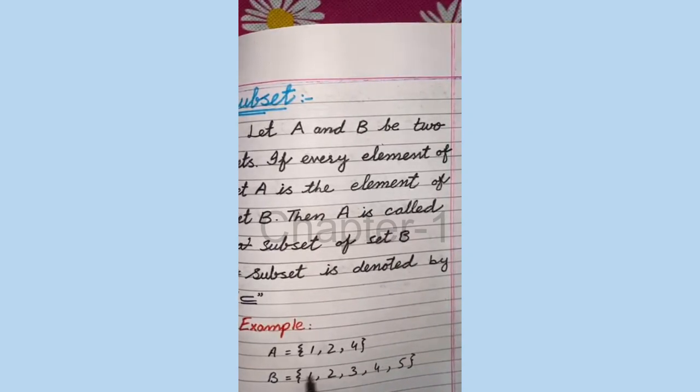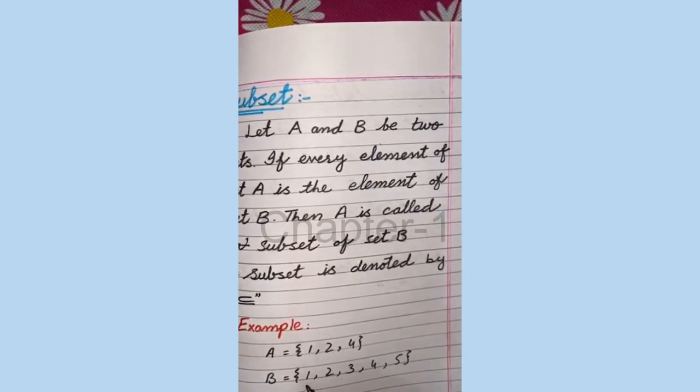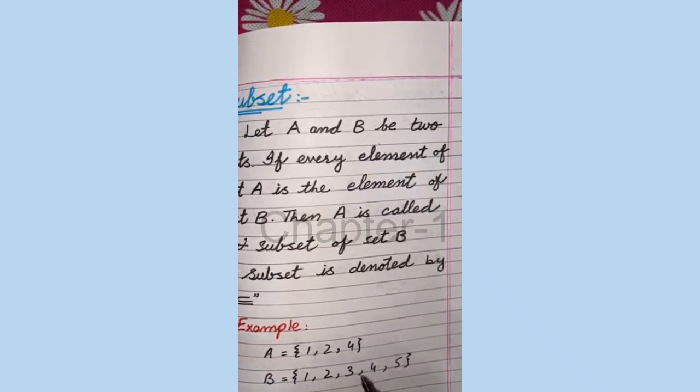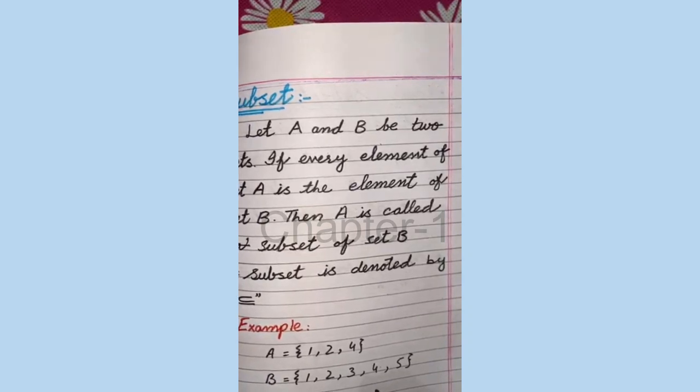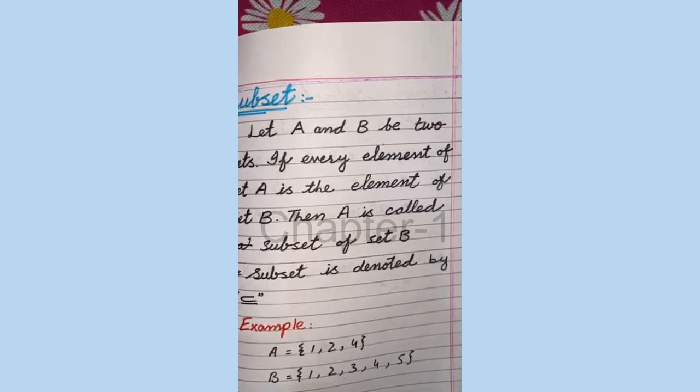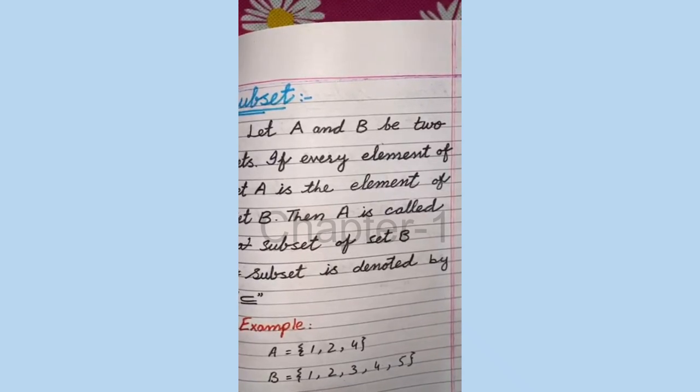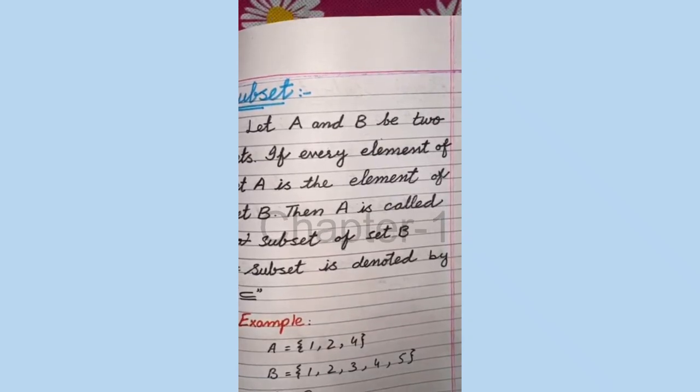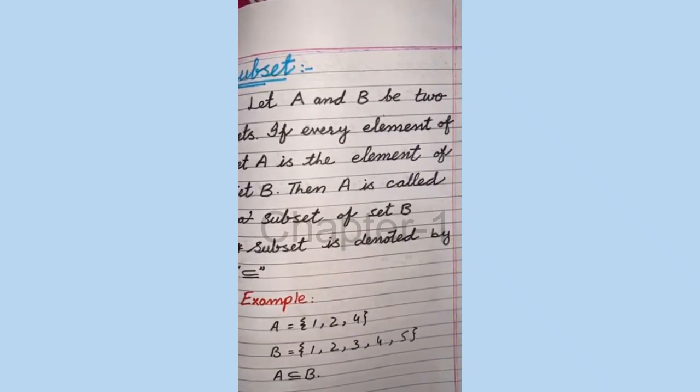Here you see that every element of set A is present in set B. 1 is present in B, 2 is also present in set B, 4 is also present in set B. So we can say that A is the subset of B, and we will write it like this: A is the subset of B.